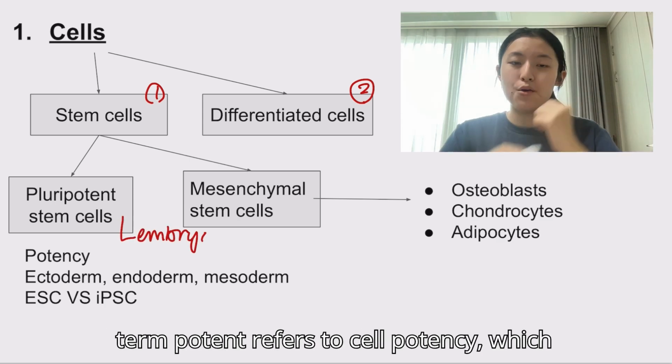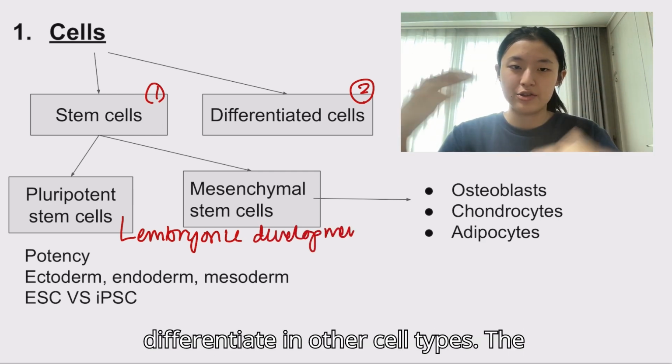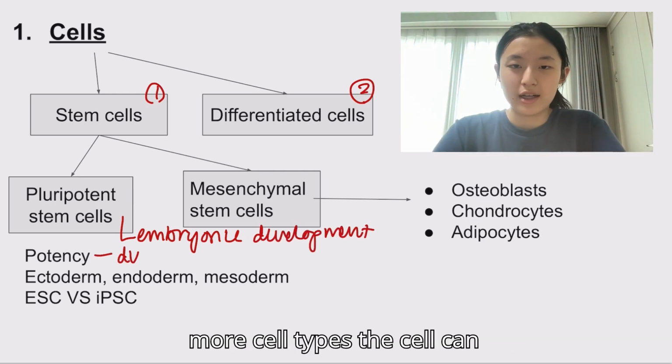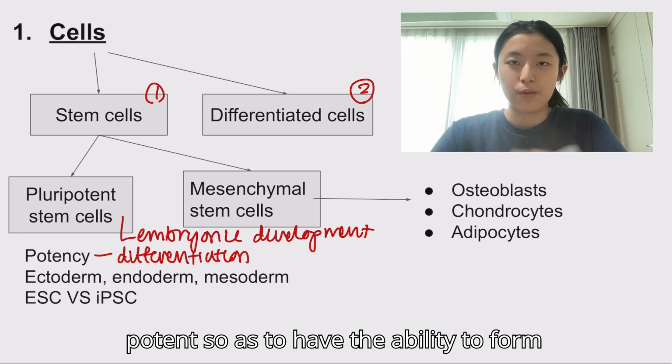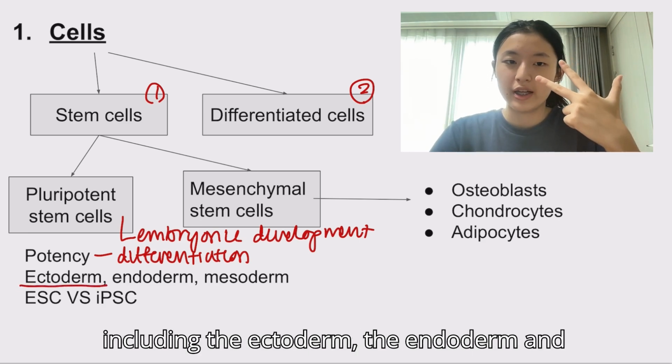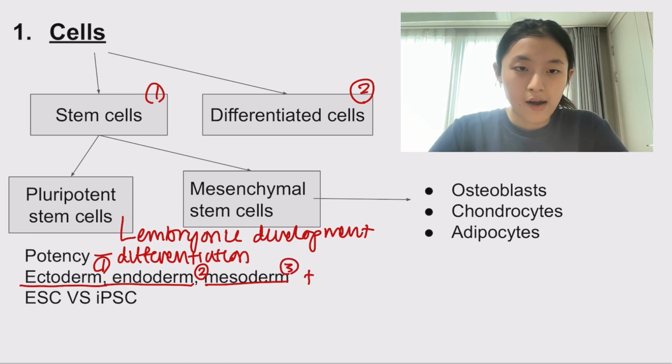Here, the term potent refers to cell potency, which is essentially a cell's ability to differentiate into other cell types. The more cell types a cell can differentiate into, the greater its potency. Pluripotent stem cells are very potent, having the ability to form all three of the basic body layers, including the ectoderm, the endoderm, and the mesoderm, and even germ cells.